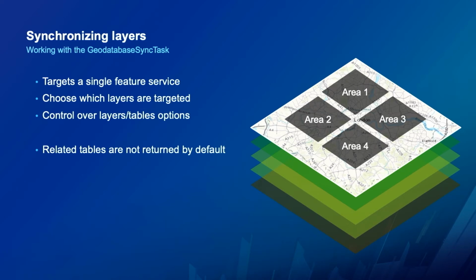You can choose which layers to synchronize, and that's your choice. Maybe you've got a workflow where it's important that one layer is kept up to date every 30 minutes. Well, you could synchronize the features in that layer and leave the other features maybe for a daily update. It's all possible with the API.